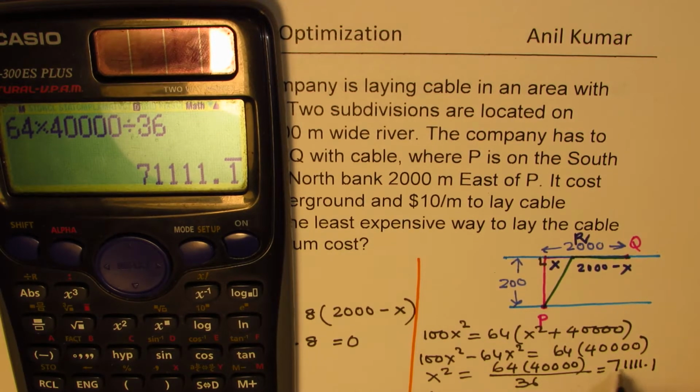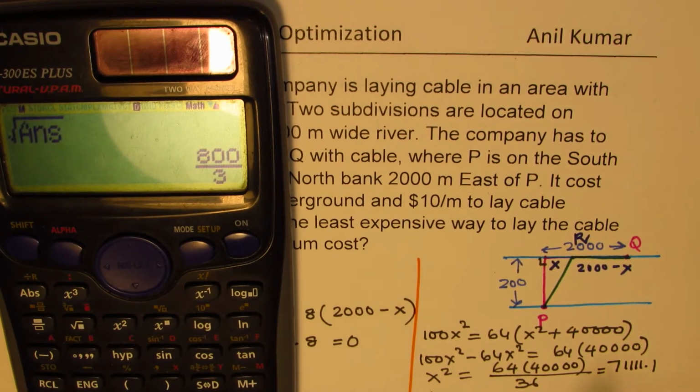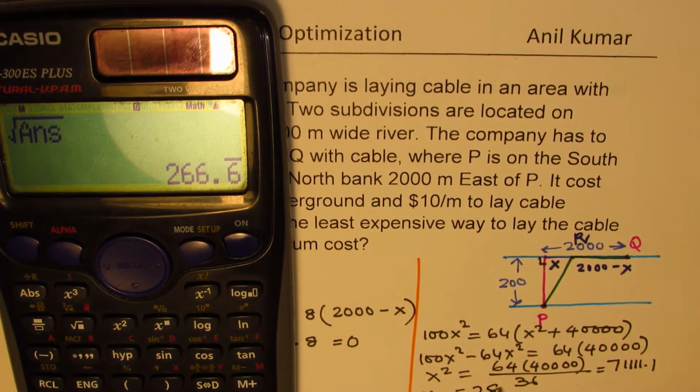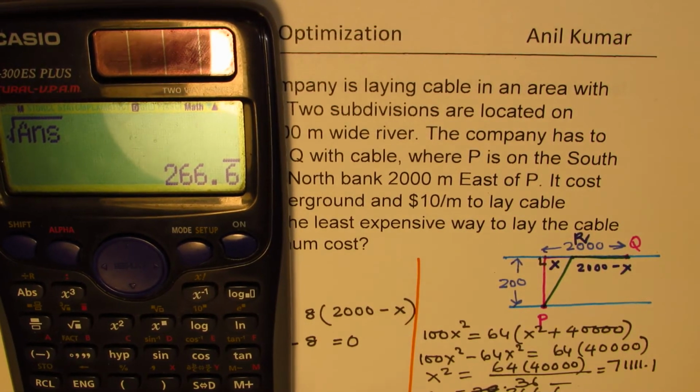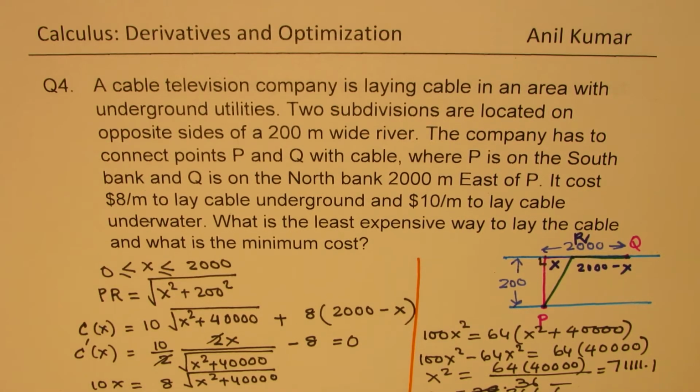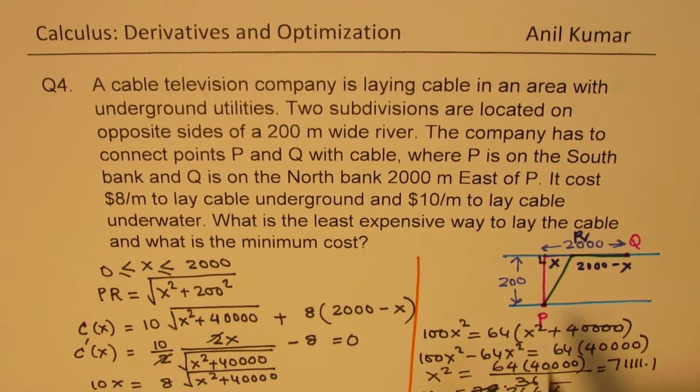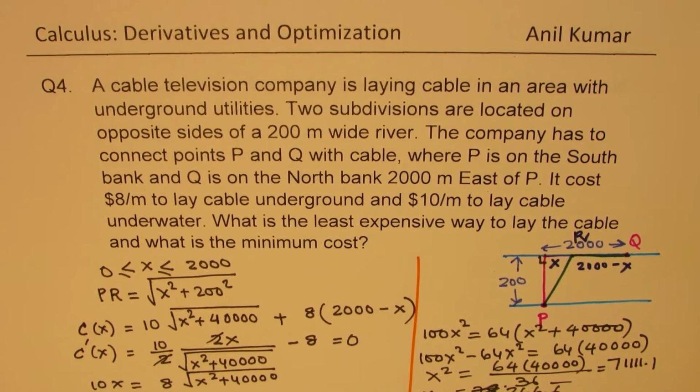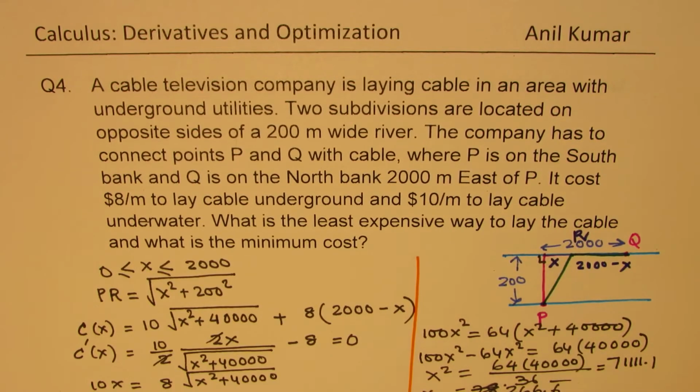So x is the square root of this, right? So the square root of our answer gives us approximately 266.6, right? So that becomes the value of x in our case. So this is approximately equal to 266.7 meters from this point, correct?